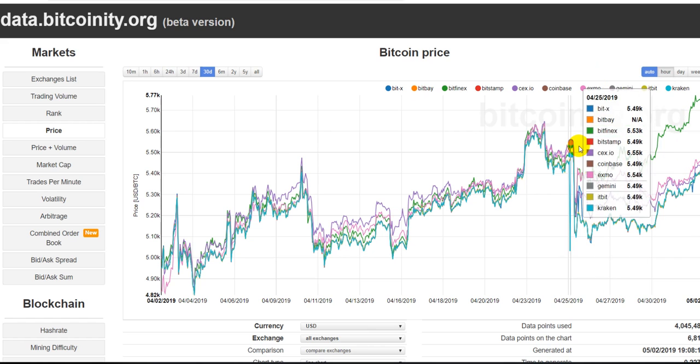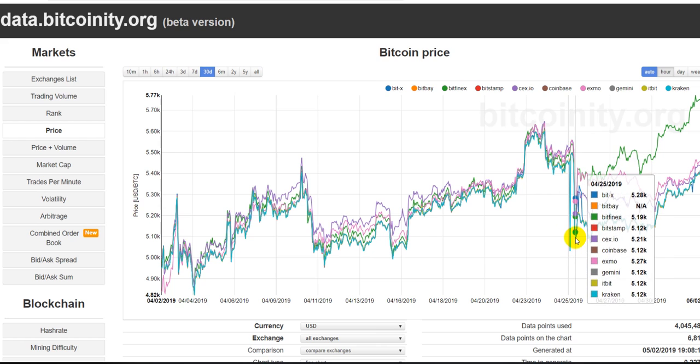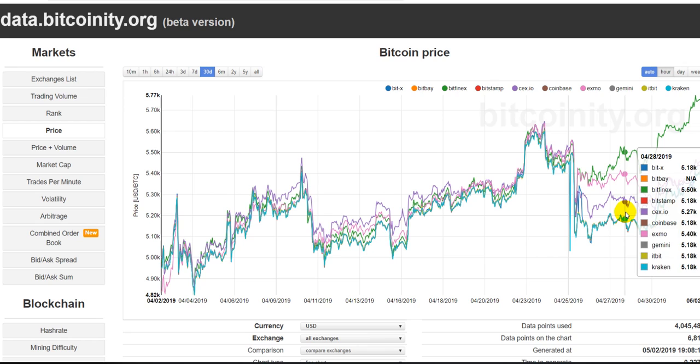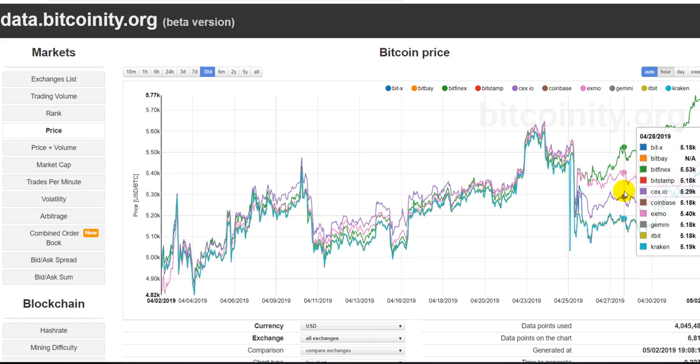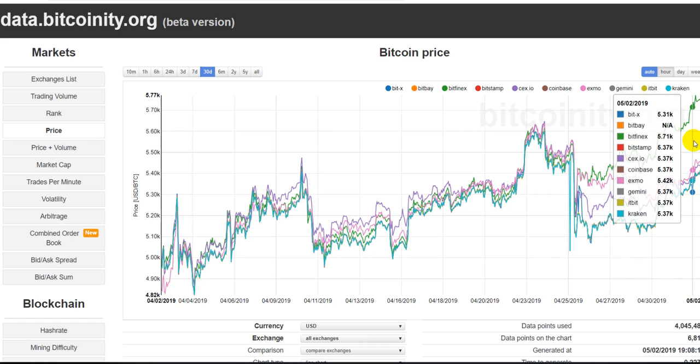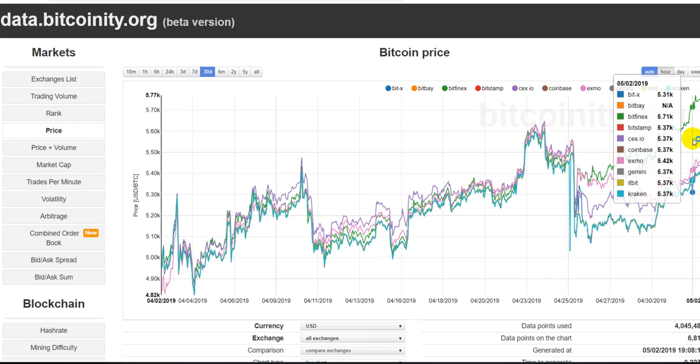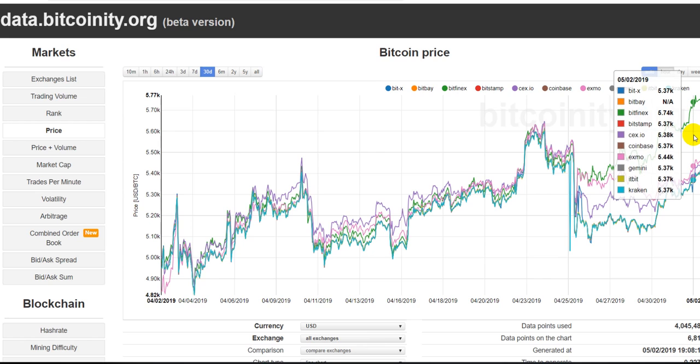But the really crazy thing here is that happened on, what was that, April 25th. And I think this is when the Tether FUD started on Bitfinex. And yeah, then what happened? As you can see, the Bitcoin price is much higher on Bitfinex than on all other exchanges here.